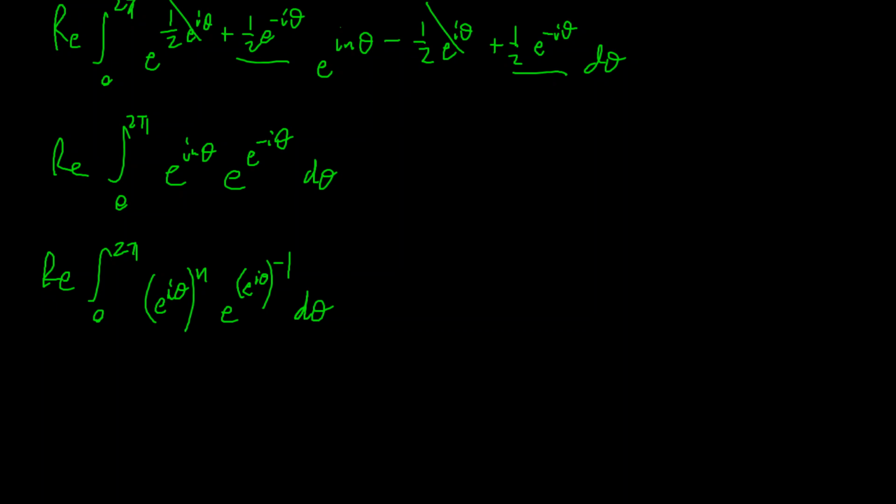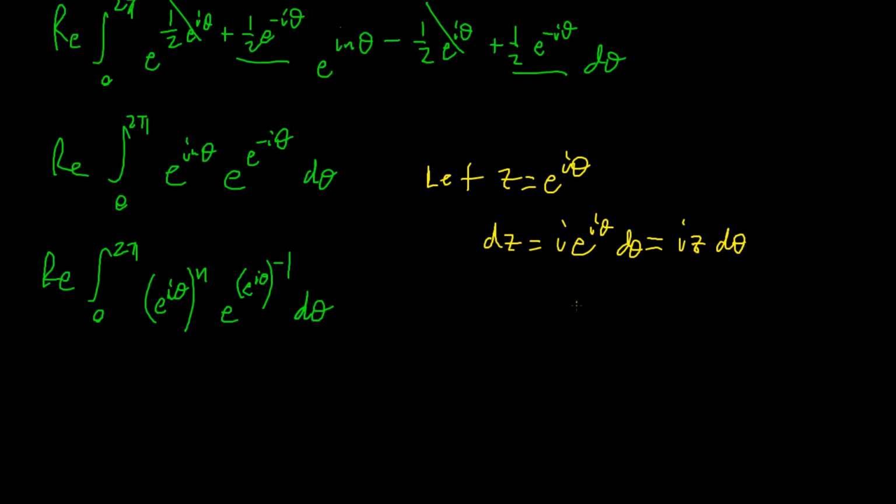Next step should be straightforward. I'm going to make the substitution z equals e^(iθ). And now dz is going to be i times e^(iθ) dθ. But I said here that z is e^(iθ), so this is equal to iz dθ.